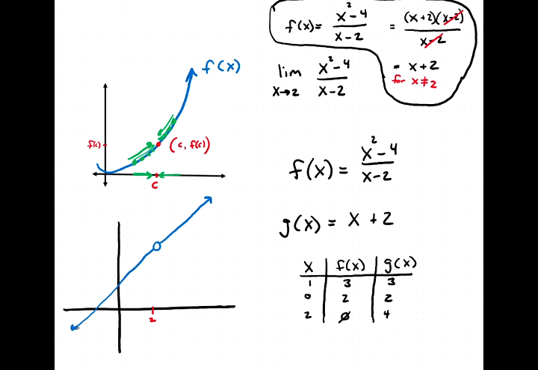So when x is equal to 2, there's a hole up here at 4, at the point (2, 4). So the location of that hole is the point (2, 4).